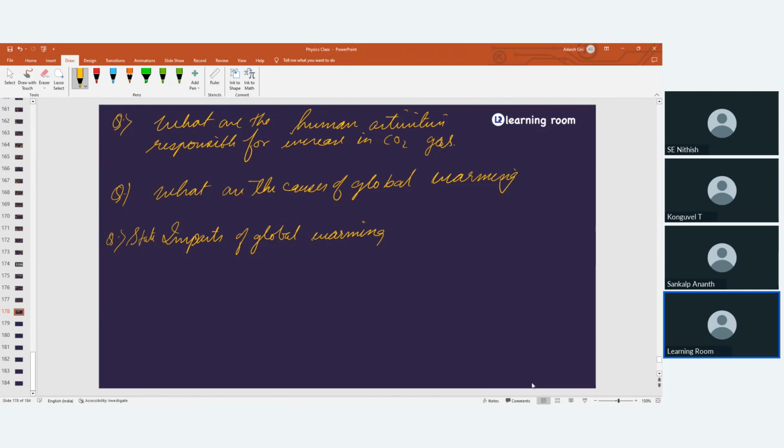Because Apple's head office in Silicon Valley is 100% working on renewable energies, wind energies, and they claim that. It is a very great matter of concern nowadays.